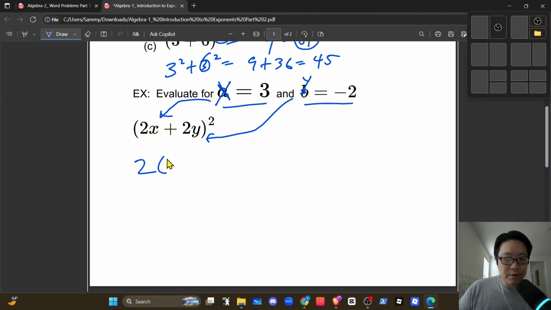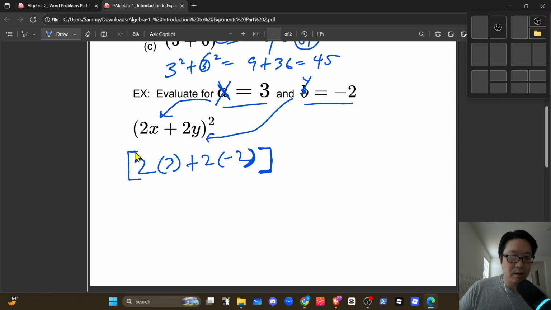So 2 times 3 and 2 times negative 2, and all of that. It's always a good idea to use brackets when you have nested parentheses. You don't have to use brackets; you can use another parentheses if you wanted, but I think the square brackets look a little nicer. So all of this is going to be raised to the power of 2.